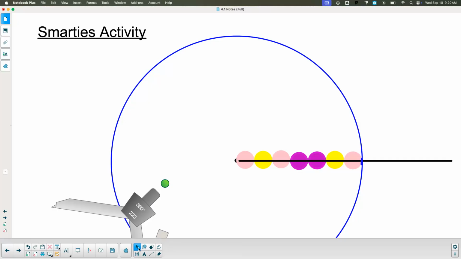Now, what I want you to do is take that same amount of Smarties that you just had for your radius, and I want you to start measuring on the circumference of the circle, starting at your line, where your line intersects your circle, all the way around. Okay? Each time you get to your radius, put a tick mark down.